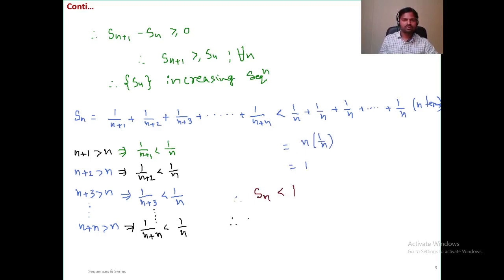So therefore the sequence Sn is bounded above. So the sequence Sn is increasing and bounded above.